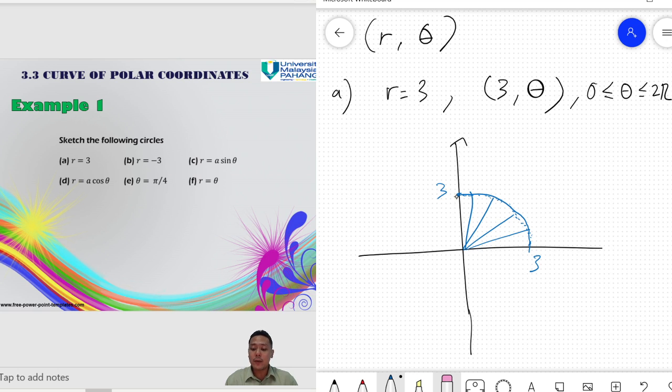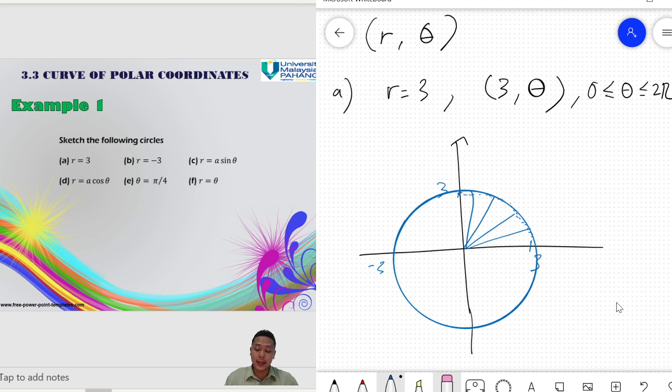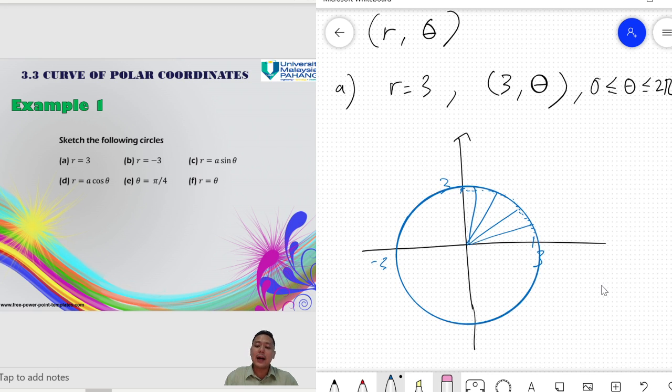If we move forward until pi, this will be negative 3 here, and if you complete the whole round, it will be a circle with the value of radius of 3. And if r equals to negative 3, we start on the left, but again r equals to negative 3 will also get the same circle.